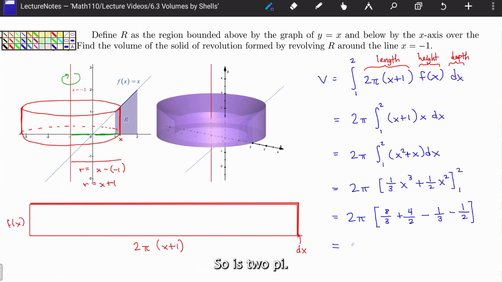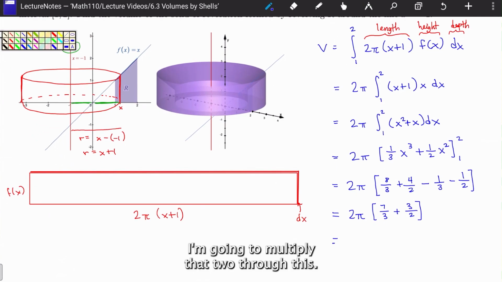So this is 2 pi times, let's see, that's 7/3 plus 3/2. I'm going to multiply that 2 through. This is pi times 14/3 plus 3.